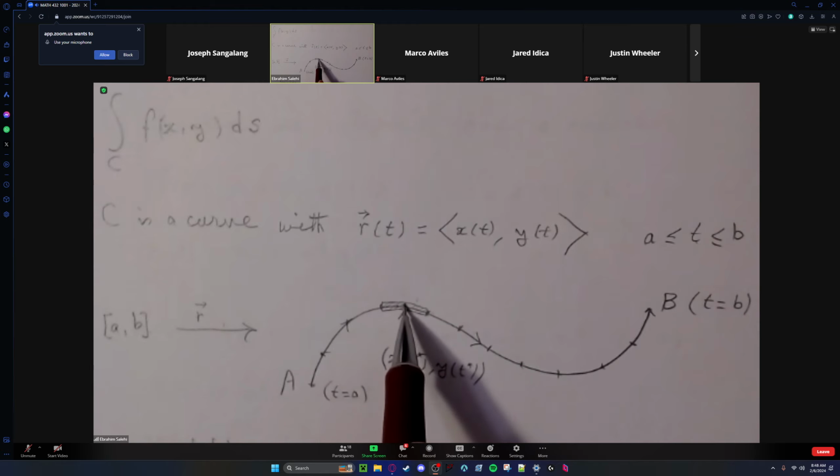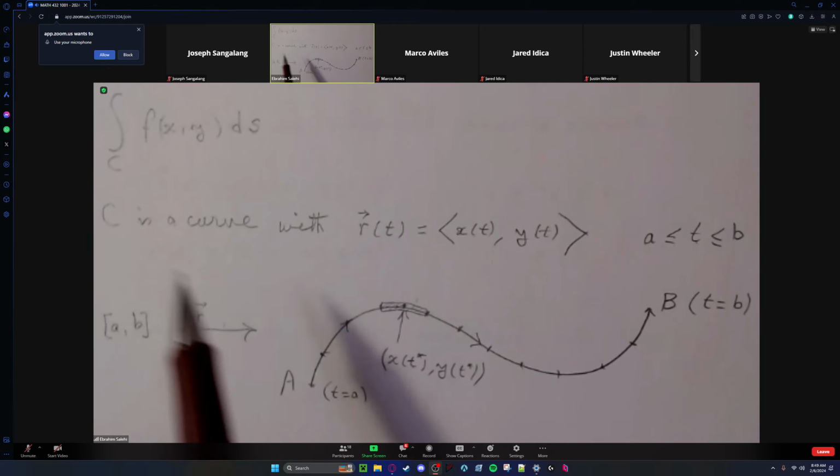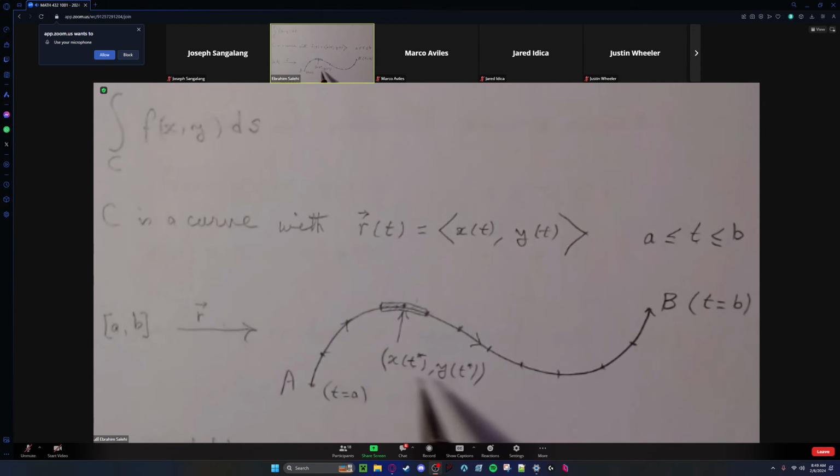choose a point. This point will be x of t star, y of t star. Evaluate the function that we are going to integrate at this point, then multiply by the length of this little curve. This is the little arc length.